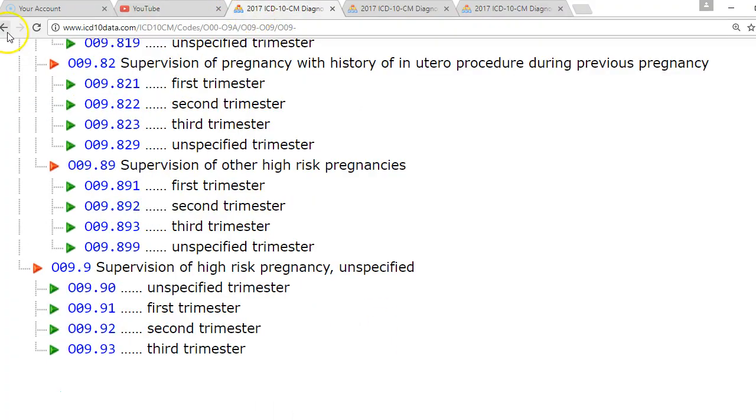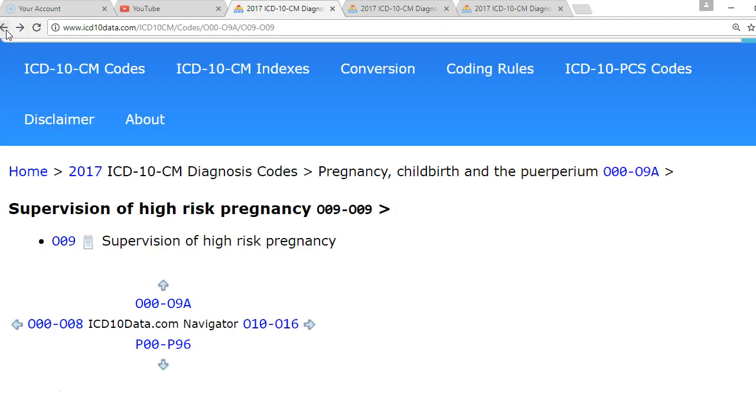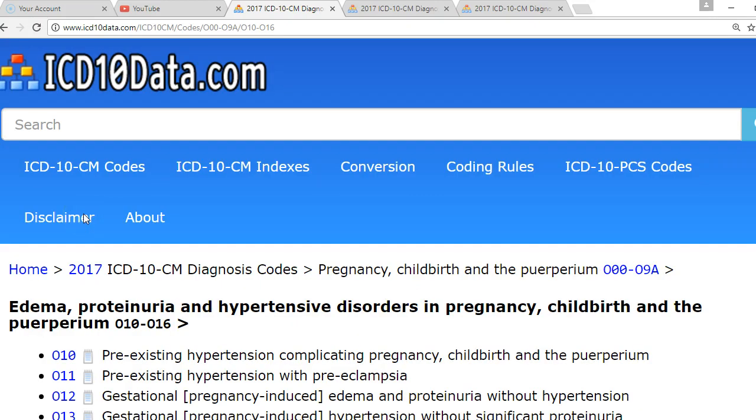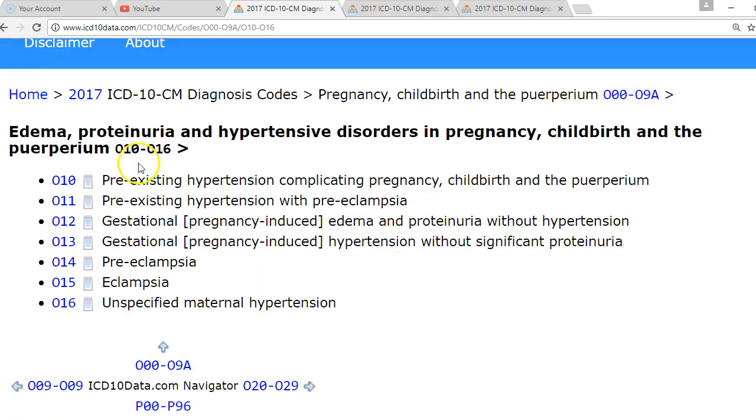So we're going to go back to our O codes. Again, we have pre-existing hypertension complicating pregnancy, childbirth, and the puerperium, pre-existing hypertension with preeclampsia, gestational or pregnancy-induced edema with proteinuria without hypertension, and gestational pregnancy-induced hypertension without significant proteinuria.